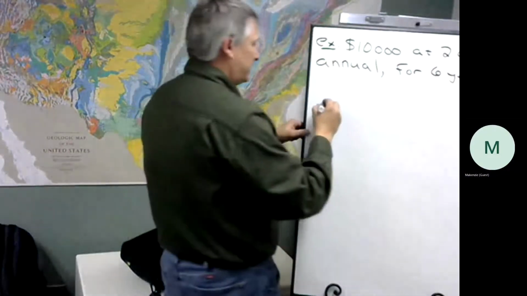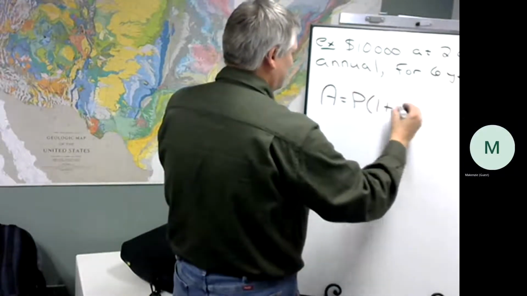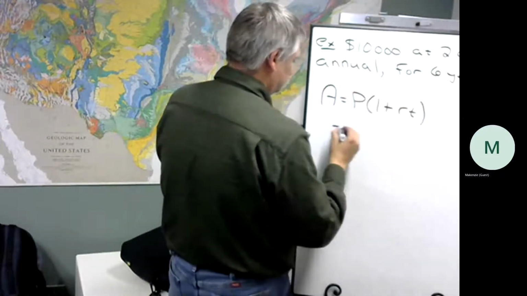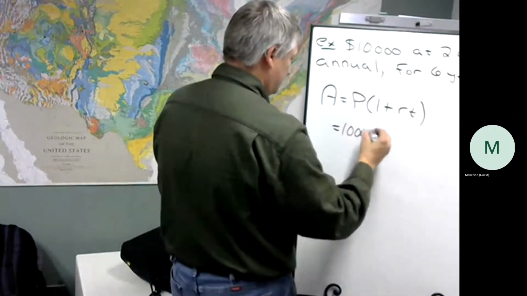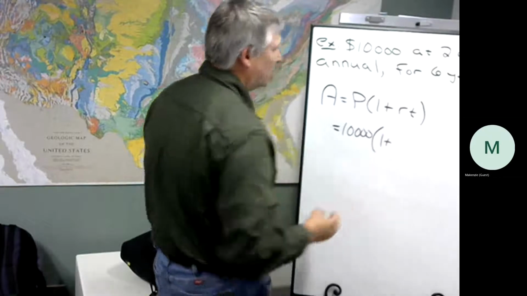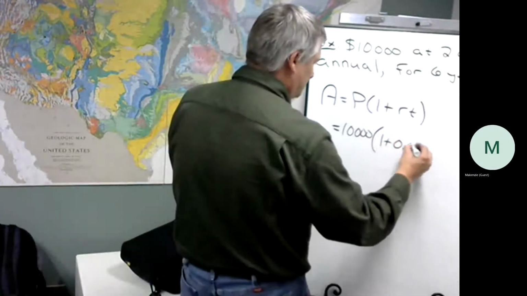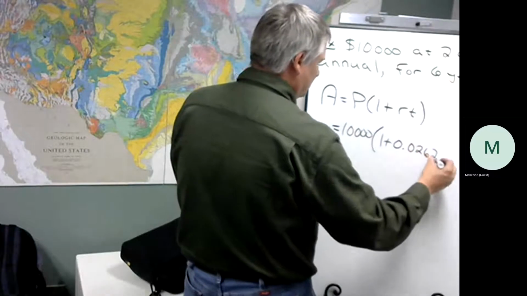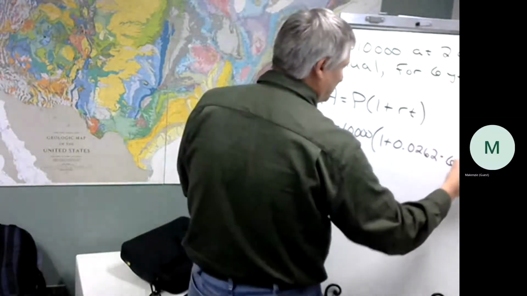So we could use this formula. So P is 10,000. R, again, divide that by 100, we'll get 0.0262 times the number of years, which is 6.